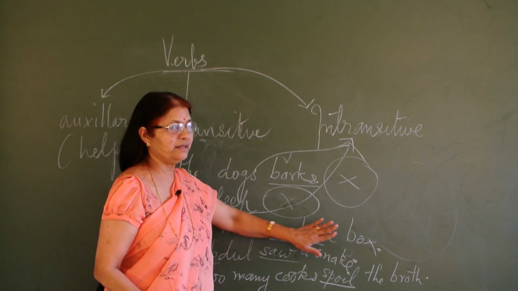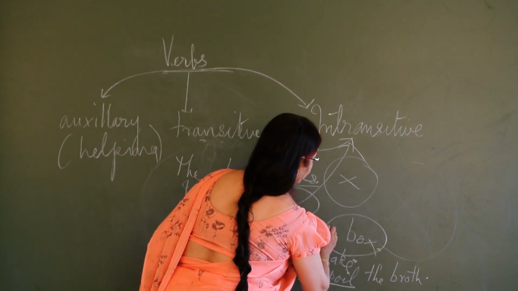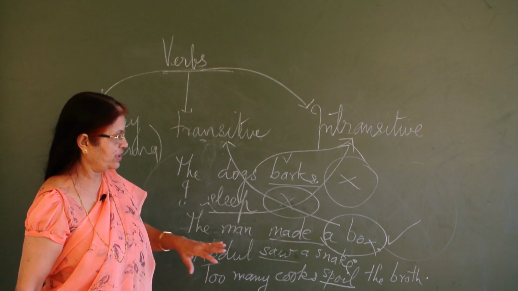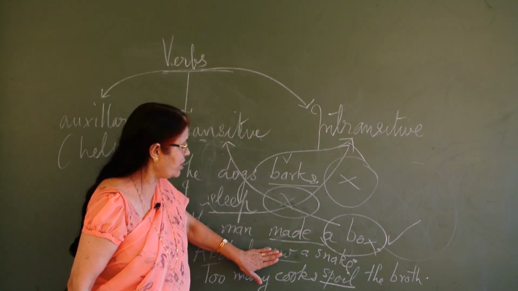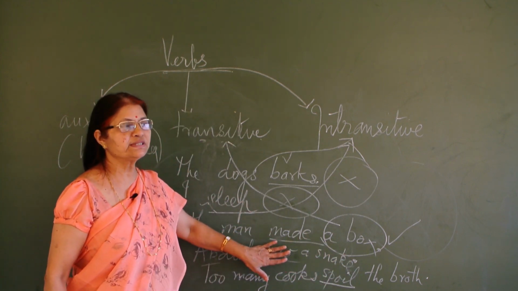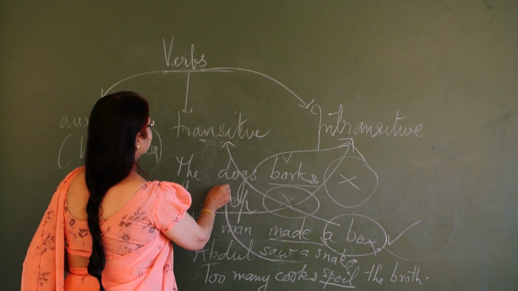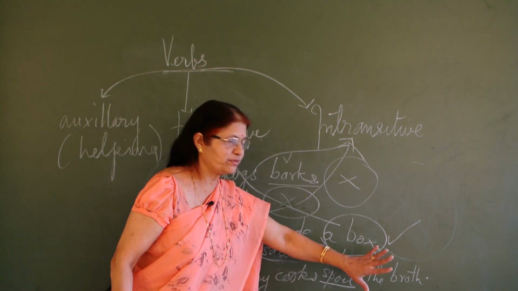The man made a box. What did the man make? A box. This is transitive because it requires an object to complete its sense. Abdul saw a snake. Abdul saw what? A snake. So, this sentence also is transitive. Too many cooks spoil the broth.